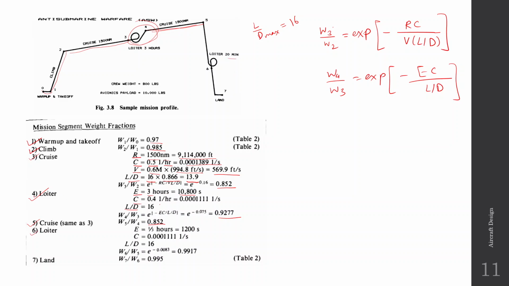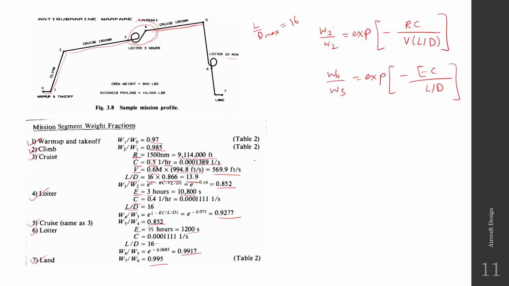This is similar to your fourth calculation, just your E value will be different. So you do everything and you get this value 0.9917, and for landing you can take this value from your historical data. So finally you have all the ratios, like W1 by W naught, W2 by W1, W3 by W2.